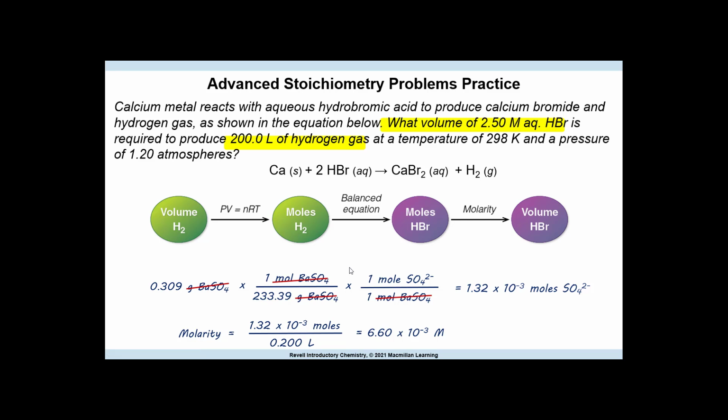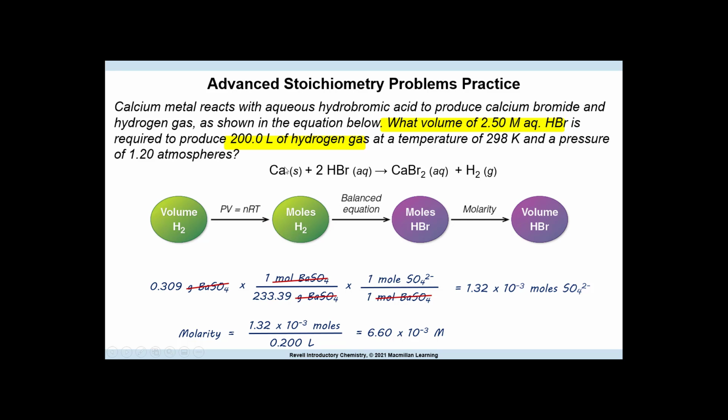Okay, so we have a balanced equation, which you see is up here. This matches. This down here does not match this problem. The moles of H2 are going to cancel. So we're going to use PV equals nRT, which is right here. We end up understanding the moles of H2.